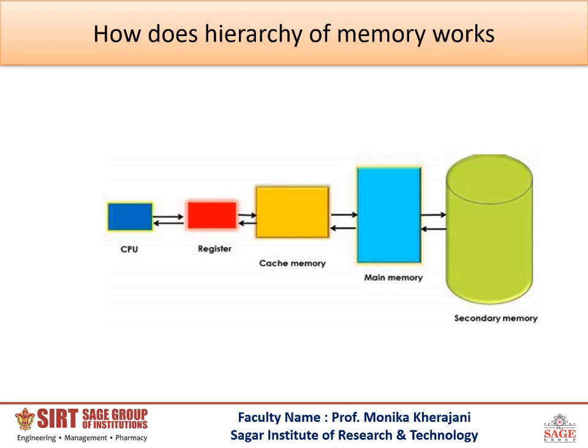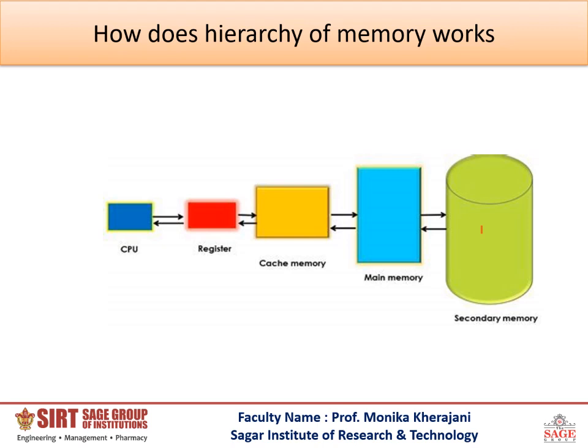In front of the secondary memory there is the main memory, in front of that the cache memory, then the registers, and then the CPU. These levels of the hierarchy work on the principle of locality of reference. The register is the fastest memory; the cache memory is slower than the registers, the main memory is again slower than the cache memory, and secondary storage is the slowest.